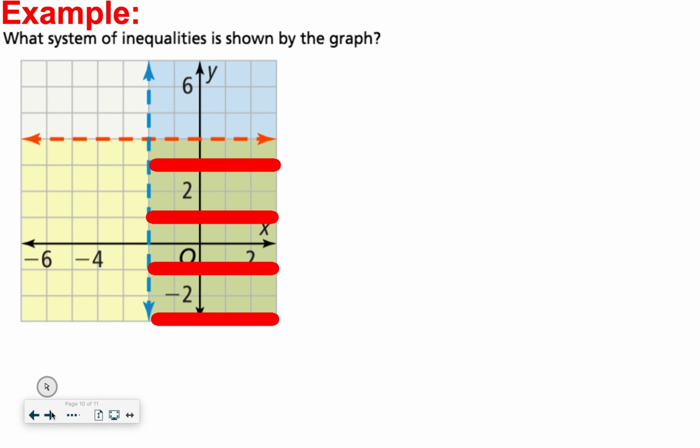This is the last slide. What system of inequalities is shown by the graph? To be able to find the inequalities, we need to focus one by one. First, the blue line. Look here, x is equal to -2.